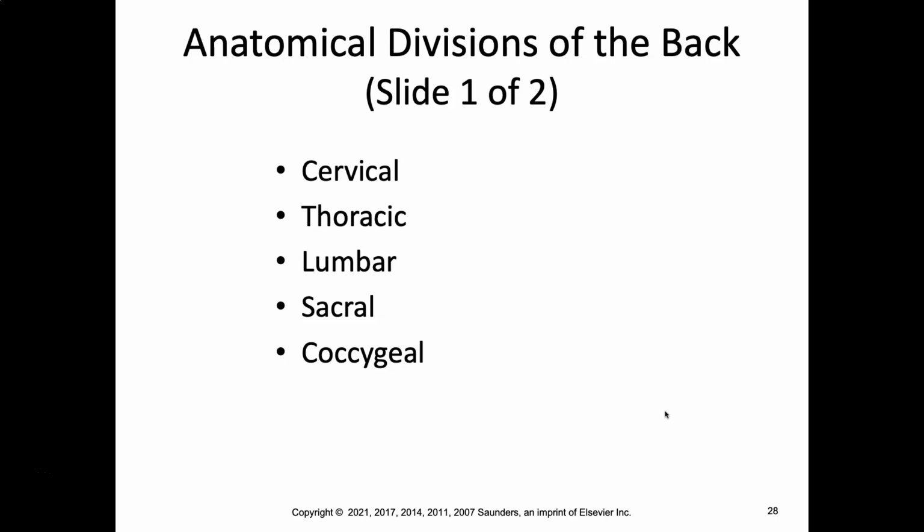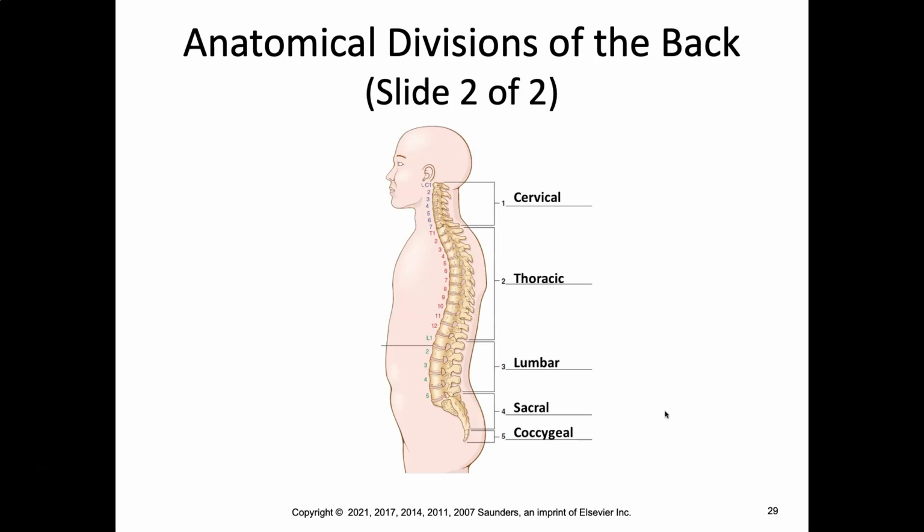And you have 5 divisions in your back. You have cervical, thoracic, lumbar, sacral, and coccygeal. Those are your anatomical divisions of the back. And this is a visual. It's figure 2-16 in your book on page 48, and it shows you where these divisions are.